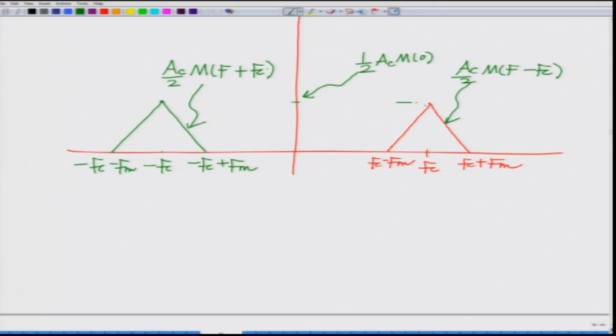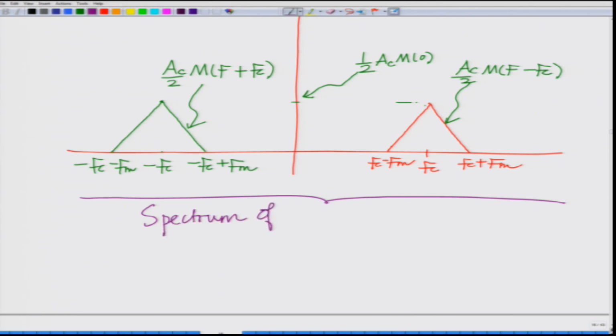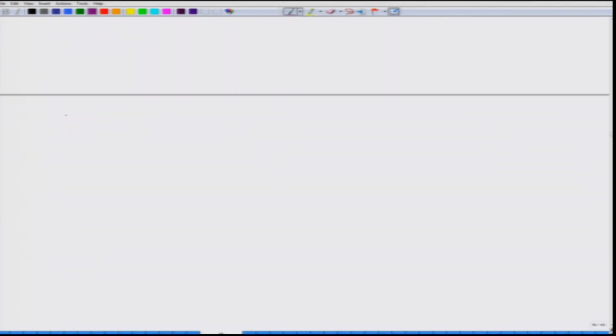So, this is the spectrum of the DSB-SC signal. Let us now look at demodulation of the DSB-SC signal.